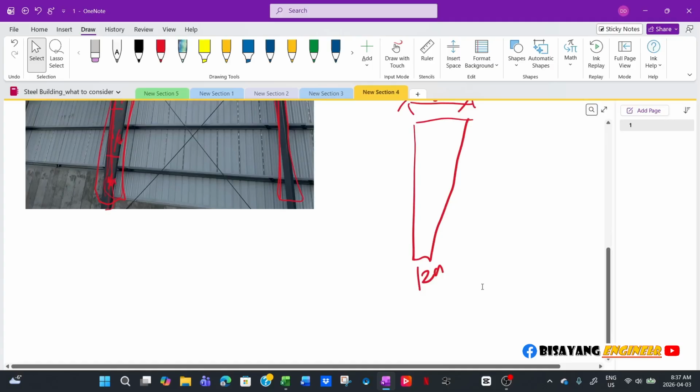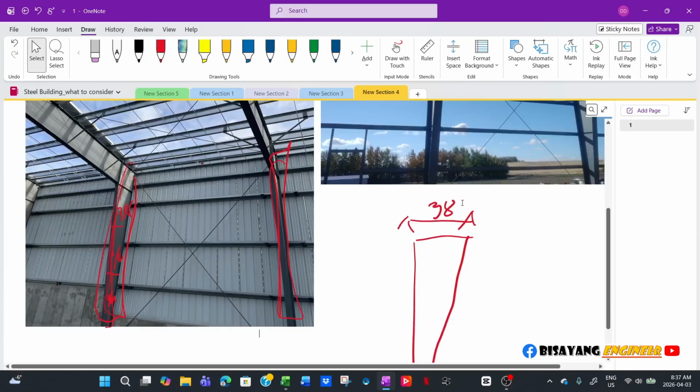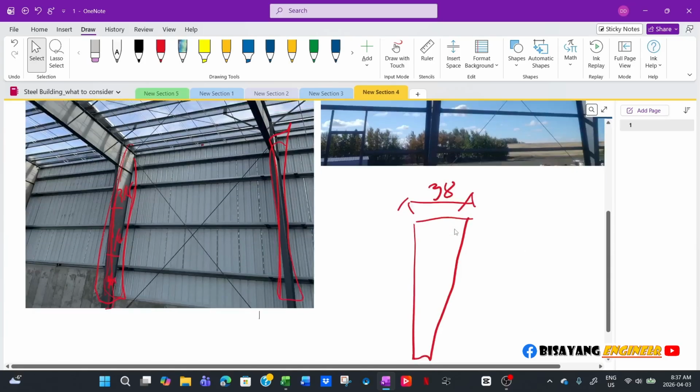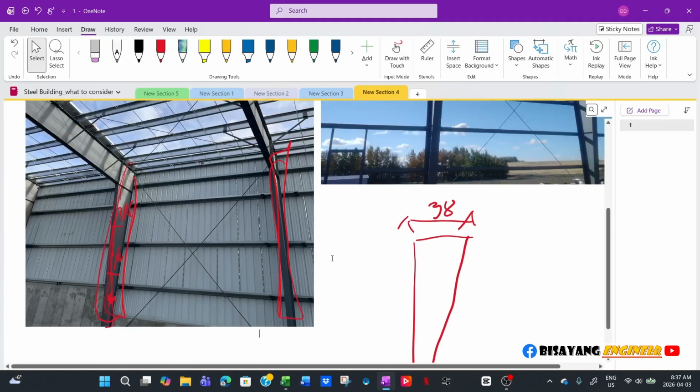So my practice is that once I model this frame, I add another 10% and design the foundation based on that, the reaction from my analysis plus 10%. Since then, it's always higher than the reaction from the steel manufacturer, so I don't have to change my calculation again.